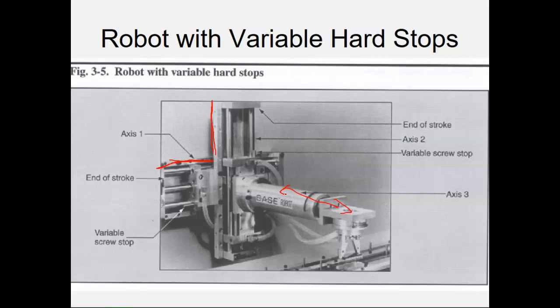So what is the arm geometry of this robot? Rectangular. It moves in a rectangle. Does everybody see that?